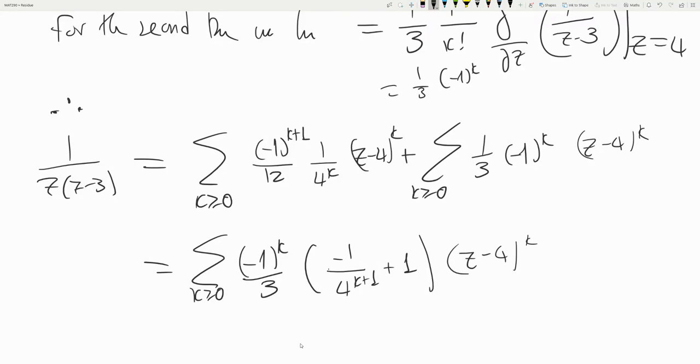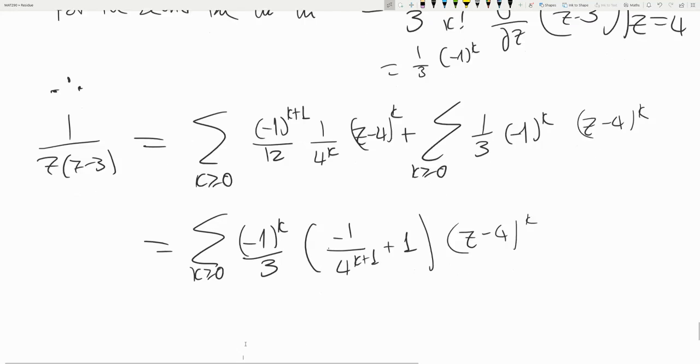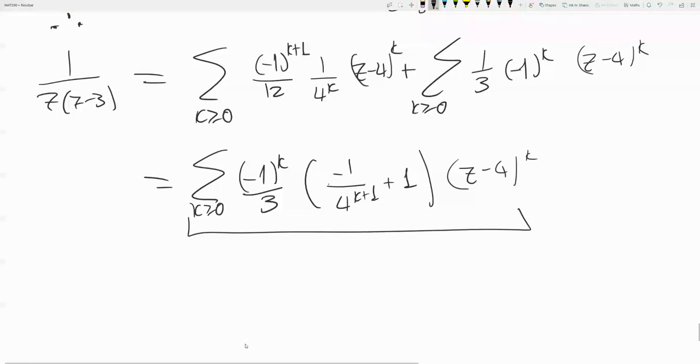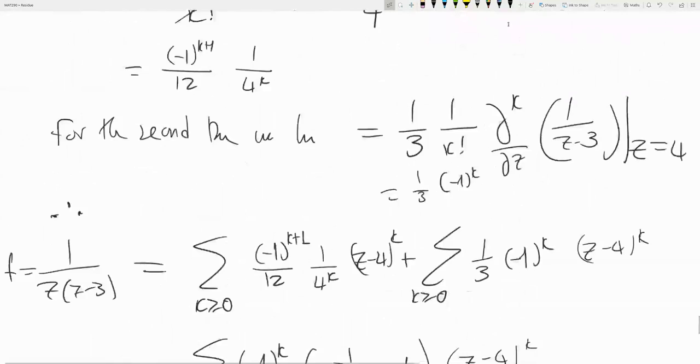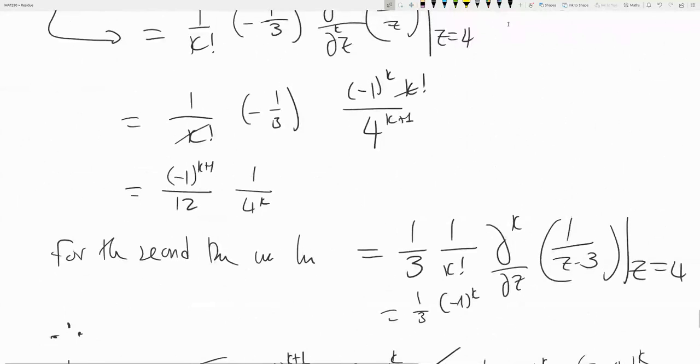Okay, so that's it. And you can see that this is all analytic because this function f has no pole at z equal 4. So you could have just done a Taylor series, which is in a sense what we did here. We just computed derivatives. Okay, so thank you.